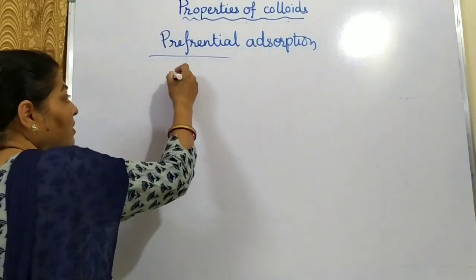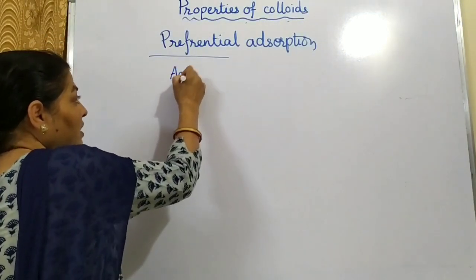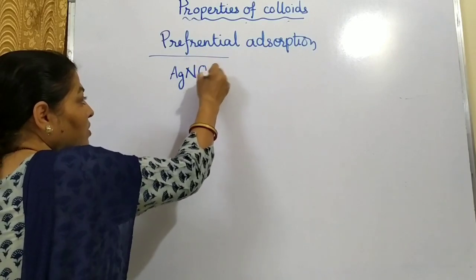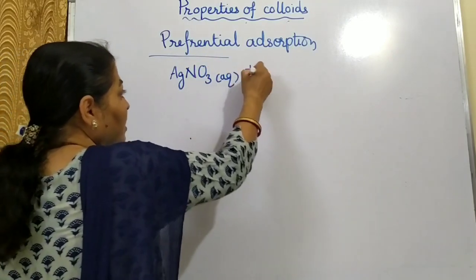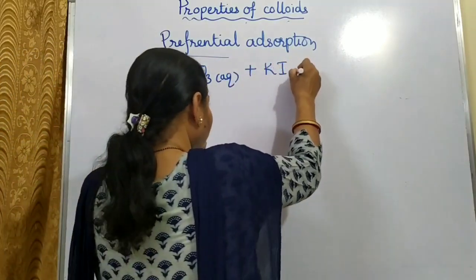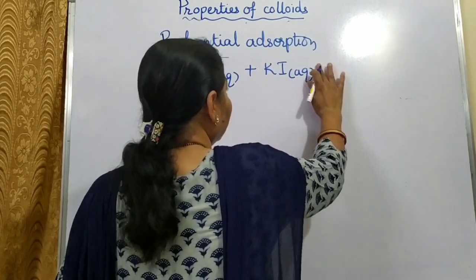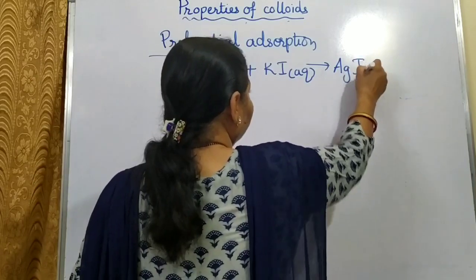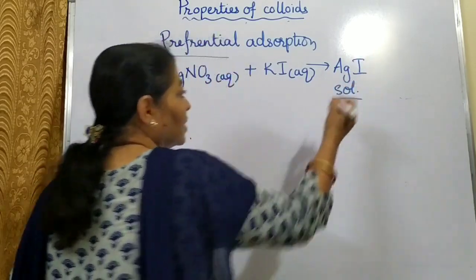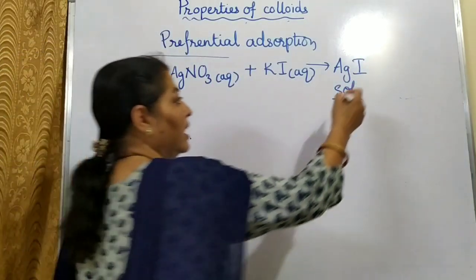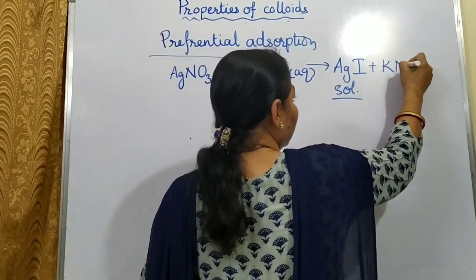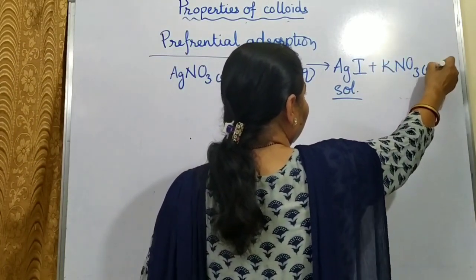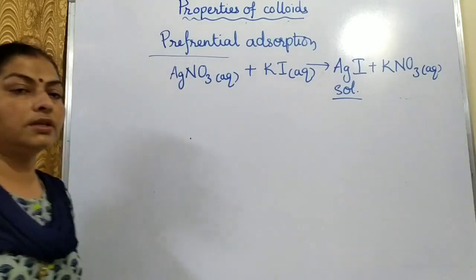For example, let there be a reaction between aqueous solution of AgNO3 and aqueous solution of potassium iodide, and it gives AgI sol. Now this sol is formed, and aqueous KNO3 is formed along with it.